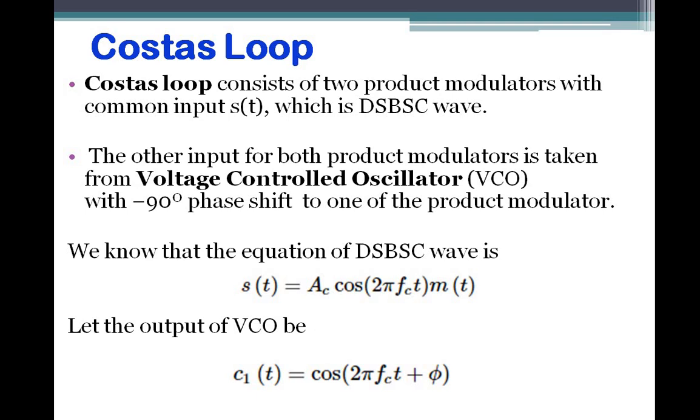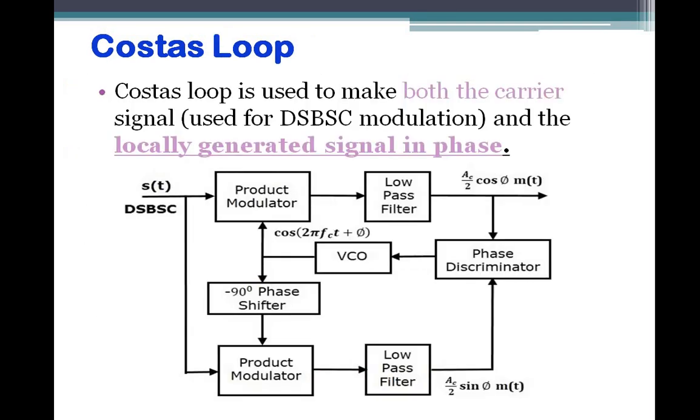In this coherent detection, one input is from your modulated signal, that is S of t, and the other you get from the local oscillator which gives you a carrier signal. Here also the other input of the product modulator is taken from the voltage controlled oscillator. One is given directly, the same voltage controlled oscillator output. It generates cos 2 pi fc t plus phi, as we have seen in the last coherent detection also.